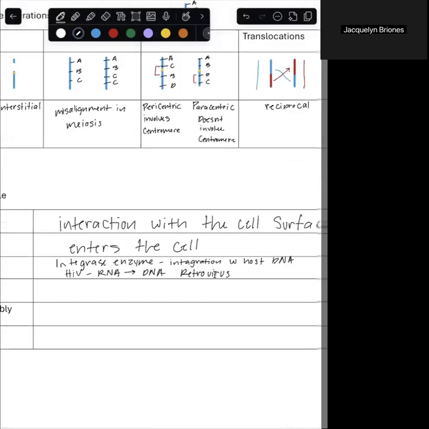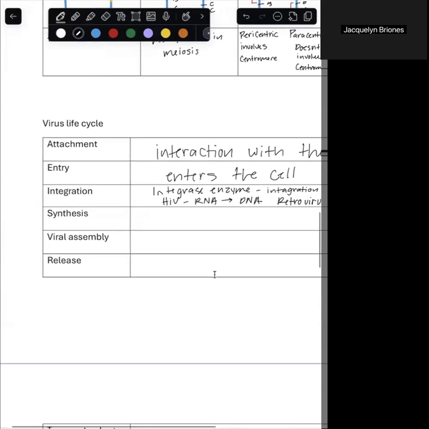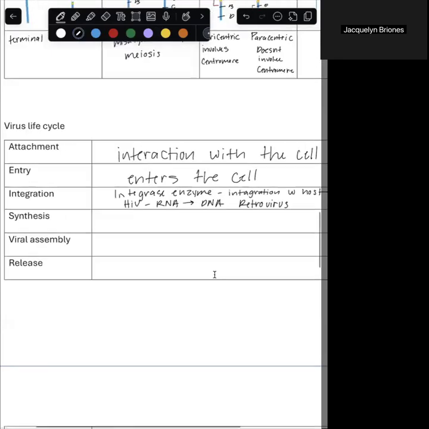Okay, so synthesis: transcription of genes and translation of proteins. And this is, of course, the viral genes.